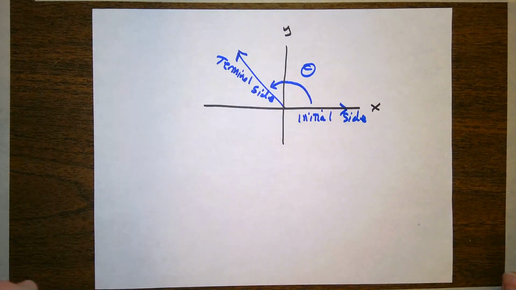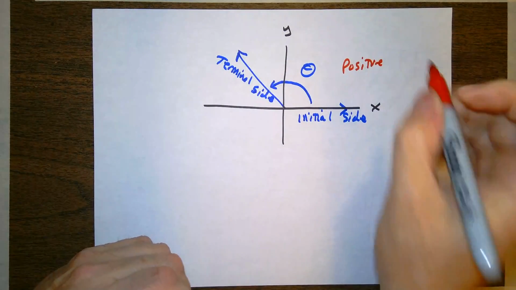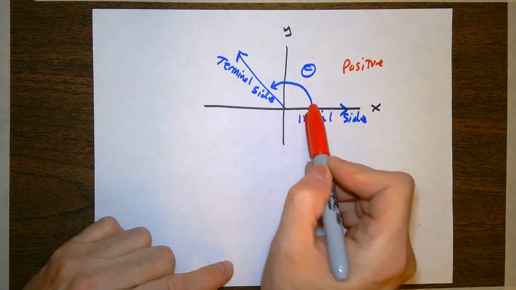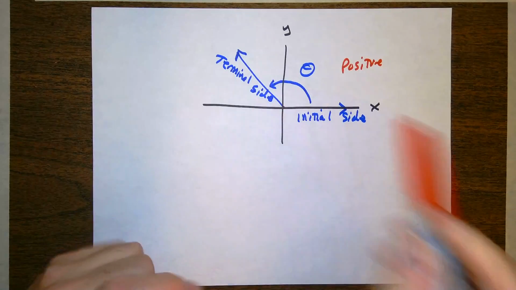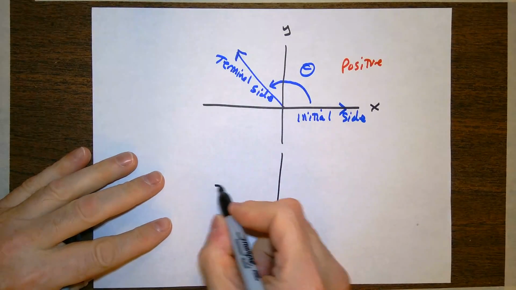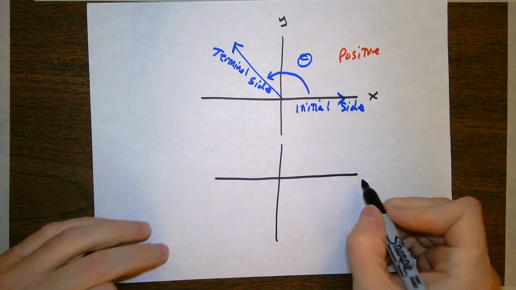I could have an angle going the other way, so theta here would be a positive angle in standard position. And let's see, a right angle is 90 degrees, a straight angle is 180. So this angle theta is somewhere between 90 degrees and 180 degrees. But I could also have an angle that has, again, the initial side on the x-axis.